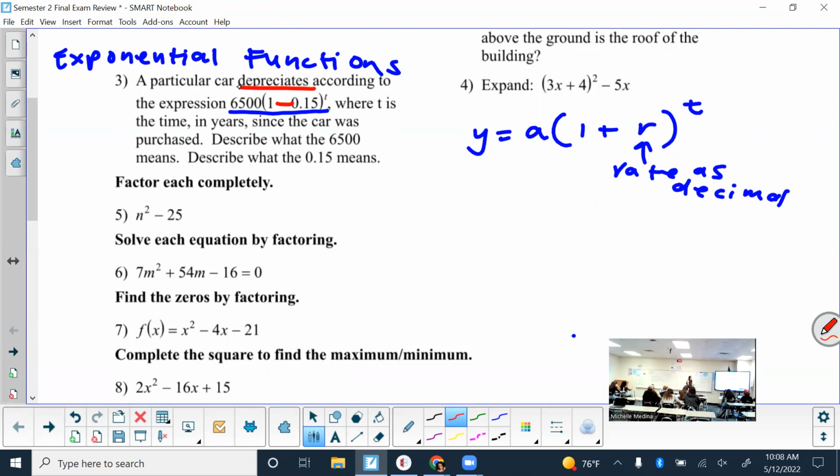All right, so when it says t is time in years, describe what the 6,500 means, and describe what the 0.15 means. So what did we say the A represents in this formula?